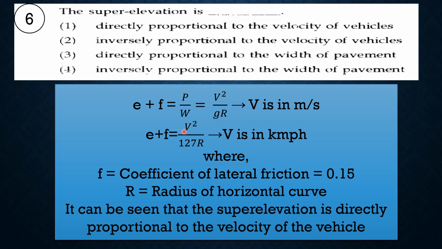Then e plus f equals V squared divided by 127R, where V is in kmph, f is the coefficient of lateral friction, which is 0.15, and R is the radius of the horizontal curve. By observing the formula, we know that the super elevation is directly proportional to the velocity of the vehicle. So the first option is correct here.